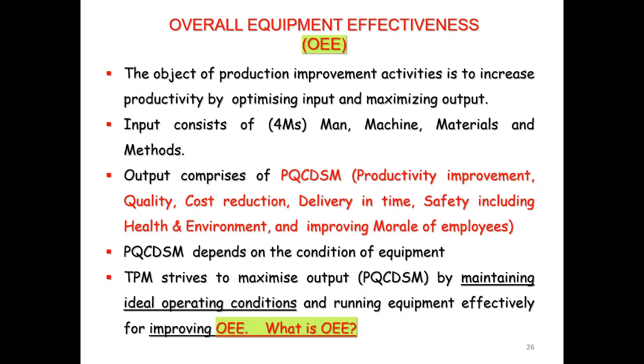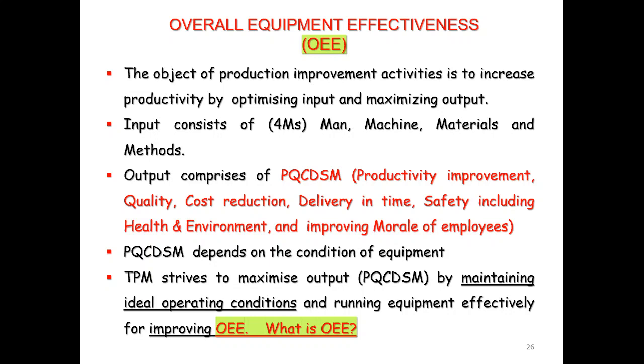Inputs consist of four M's, that is man, machine, material, and methods, which we have already discussed. Outputs include improving PQCDSM, that is quality, quantity, improvement, reducing cost, meeting delivery dates while increasing safety, health condition of employees and machines, and also protecting environment and boosting the morale of employees.